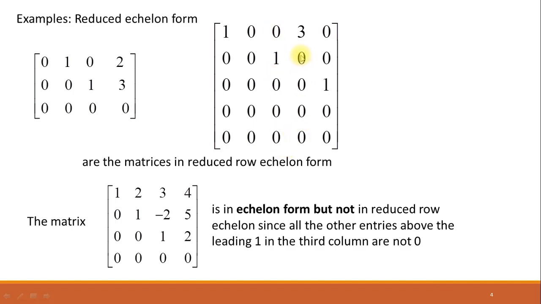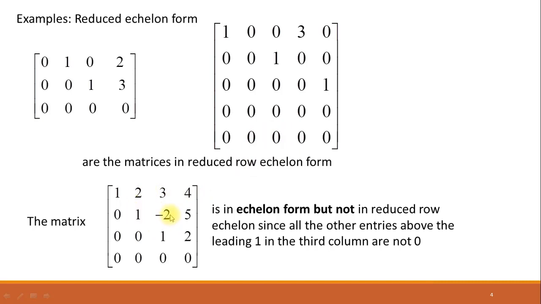Similarly, in this column this is the non-zero entry, and other entries are 0. Similarly, in this column, this is the non-zero entry, and other entries in this column are 0. So this matrix is in reduced row echelon form.